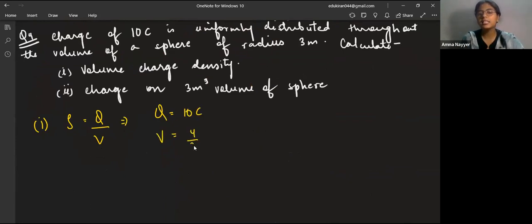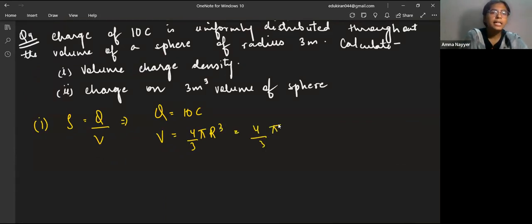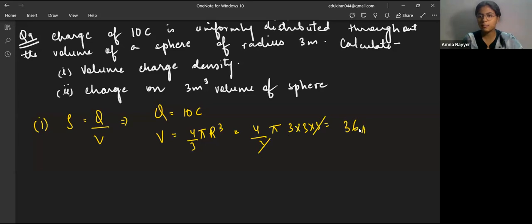Volume of a sphere is 4 by 3 pi r cube. So 4 by 3 pi, radius 3 meters, so this becomes 3 into 3 into 3. 3 gets cancelled, 9, 4, 36. So this becomes 36 pi meter cube.